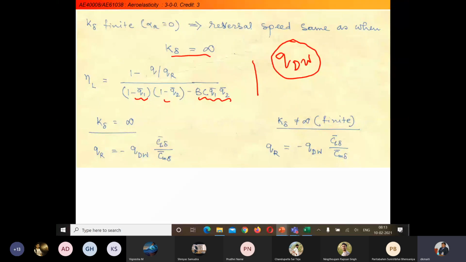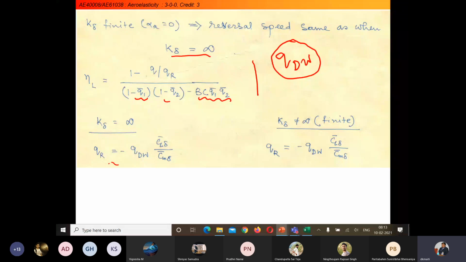Let us compare what we got for K delta infinite and K delta finite. For K delta equal to infinite, we got alpha equal to the same thing, Q minus QD wing, CL delta bar by CM delta bar, and for K delta finite we also get the same expression.